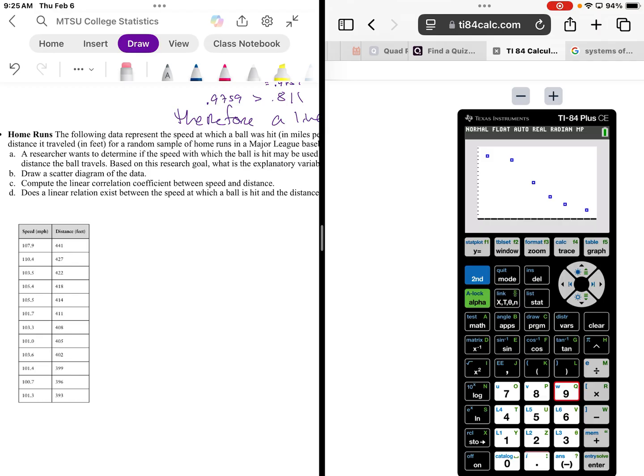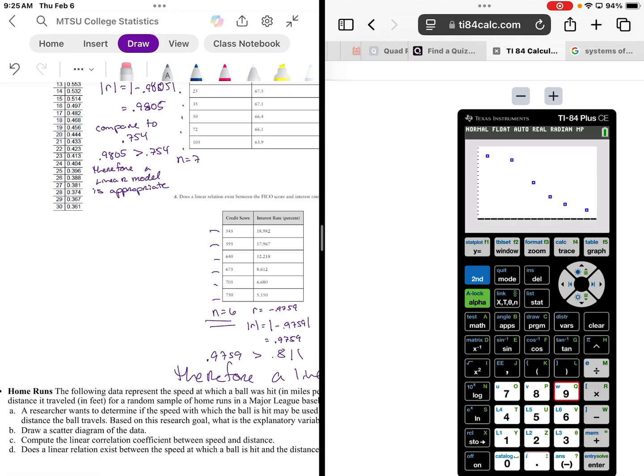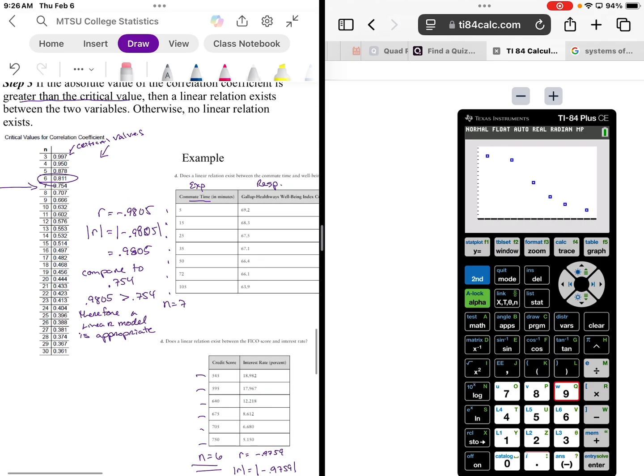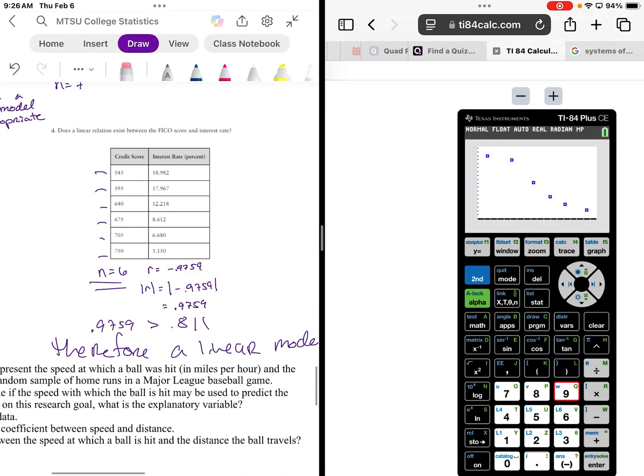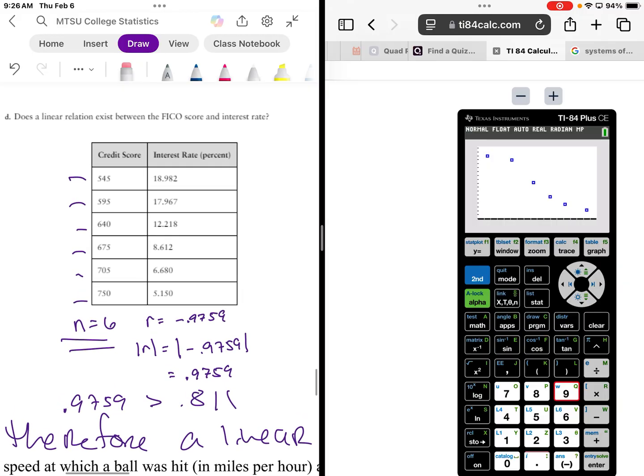As the commute time increased, or in this case it was credit score. As credit score increased, the interest rate decreased, is what we can say on this last one. As the credit score increased, your interest rate decreased. Okay?